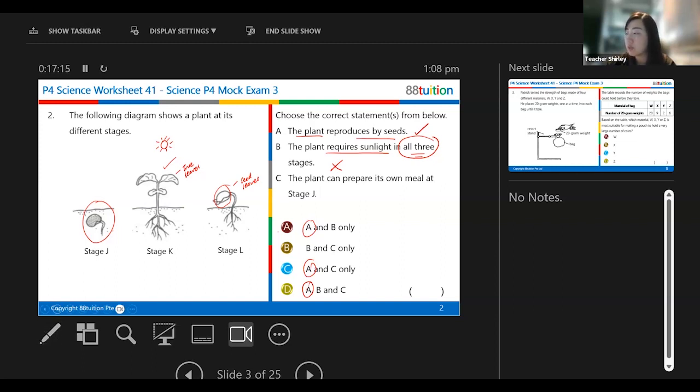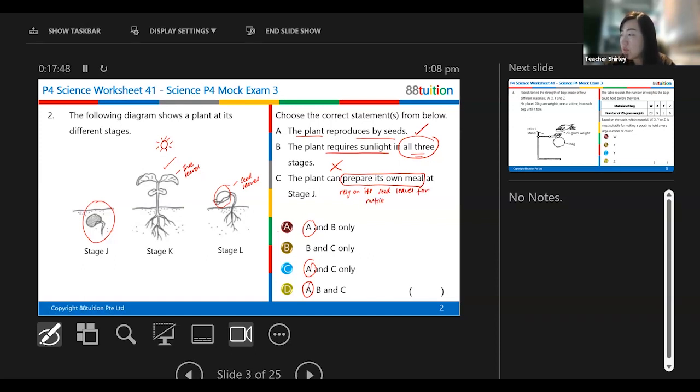Now let's look at C. The plant can prepare its own meal at stage J. I think it's a little bit confusing because it says prepare its own meal. Actually, it should be that it can rely on its seed leaves for nutrients.